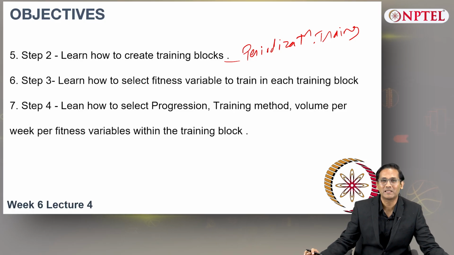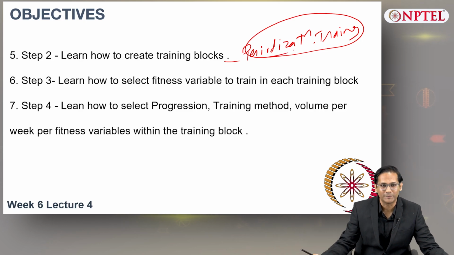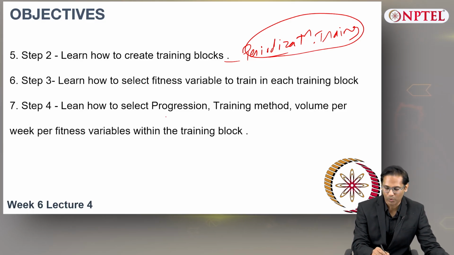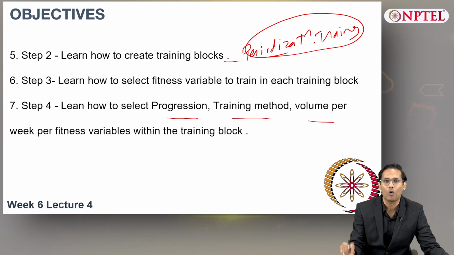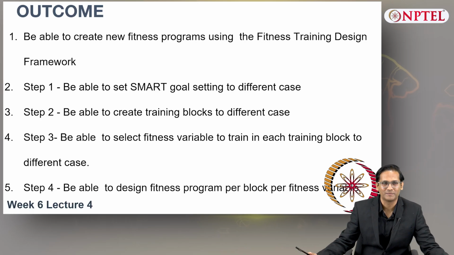Then we will select fitness variable to be trained within this periodized block. And finally, for each week, we will select progression, training method, volume for the given training block.